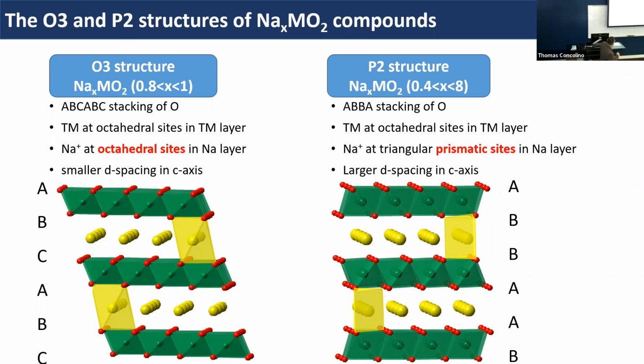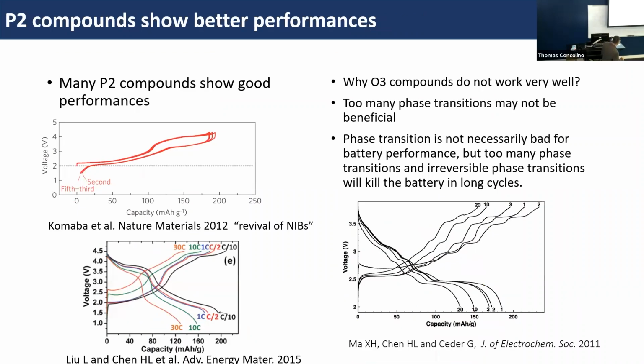In the O3 structure, the sodium stays in the octahedral site, and in the P2 structure, the sodium stays in the prismatic site, which is a little different. In past research, people gradually identified that P2 is maybe the more promising structure because it delivers higher energy, although not theoretical yet. P2 is in general better than O3.